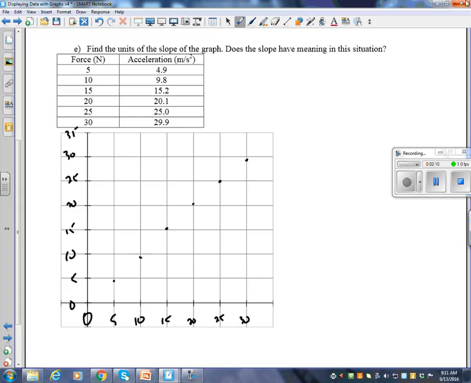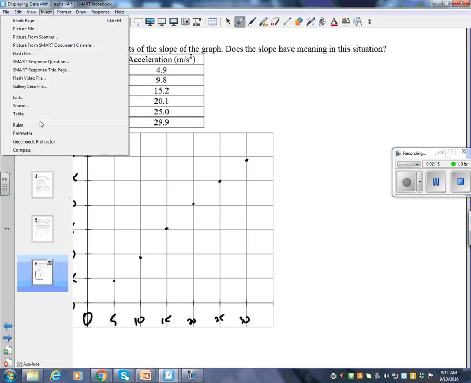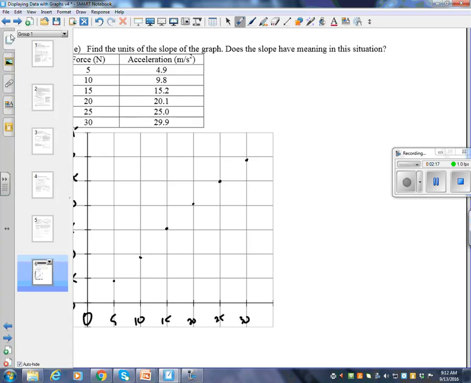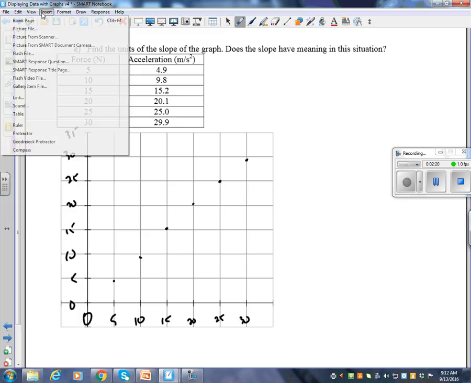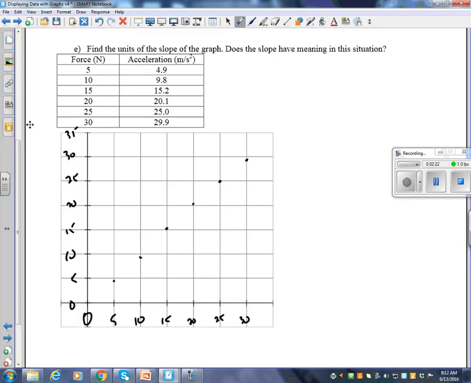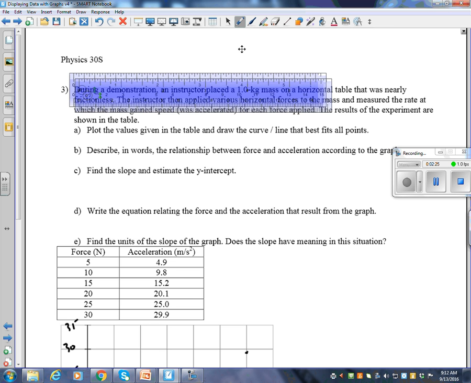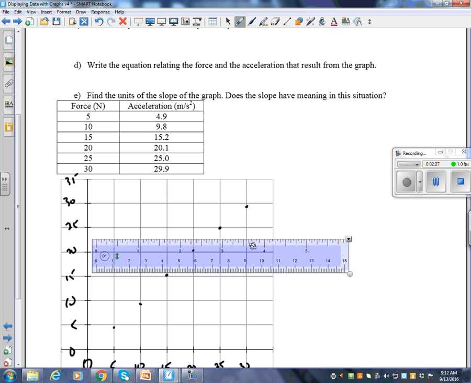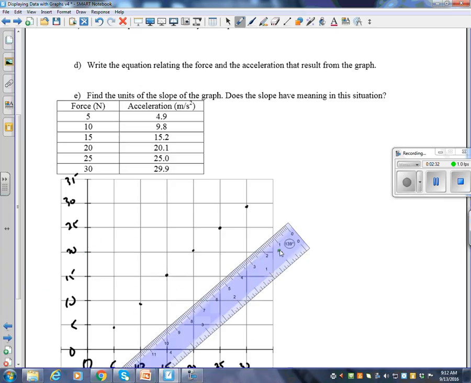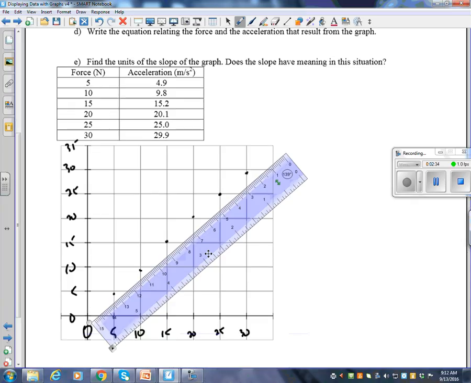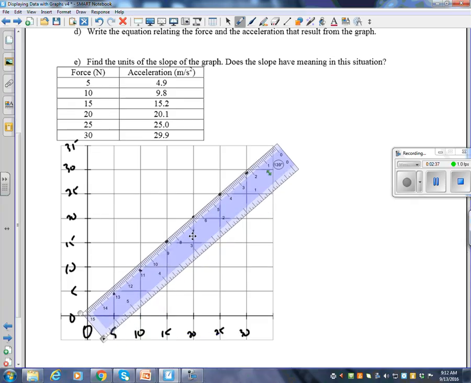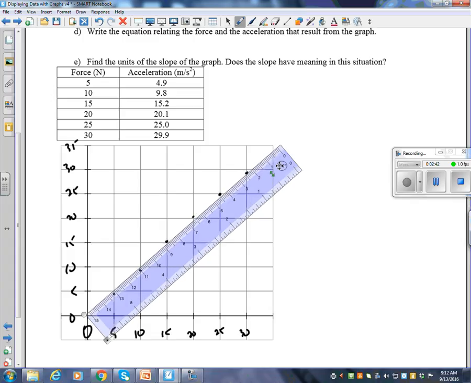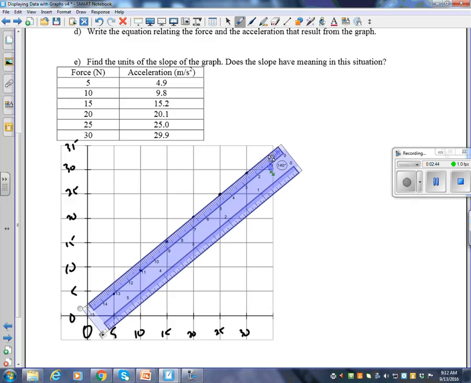Okay. Now, what you have to do is take a ruler and place it so that the slant of the ruler matches the slant of your dots as best as you can.